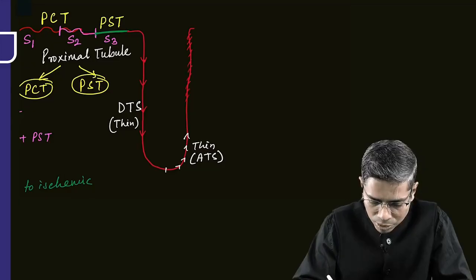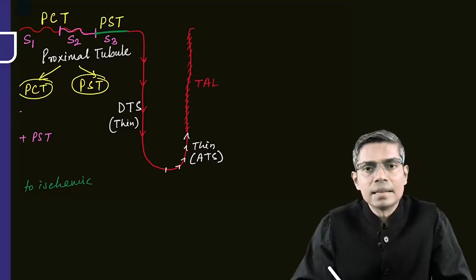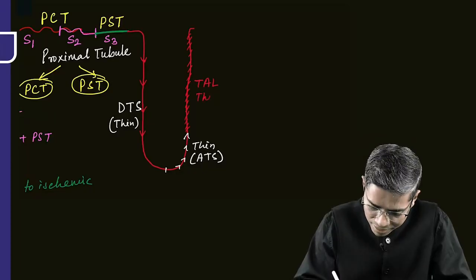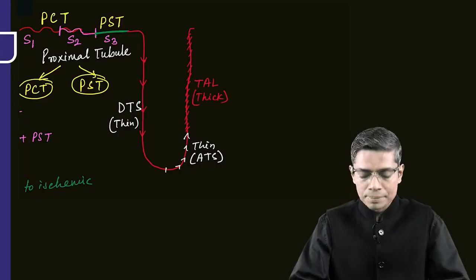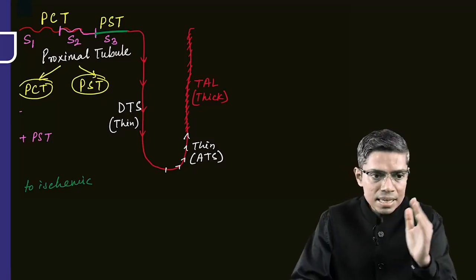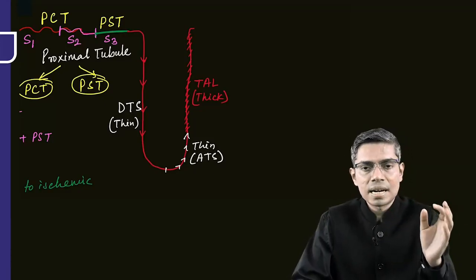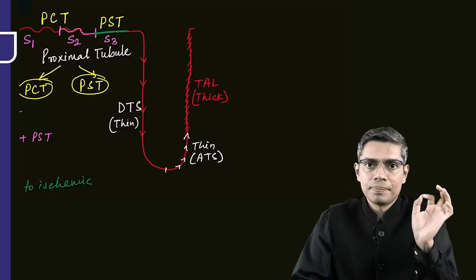So this portion of the loop of Henle is thick. This is known as TAL, that is, the thick ascending limb of loop of Henle. So whenever you are using the short form TAL, when T appears at the first, that indicates thick ascending limb of loop of Henle, right?